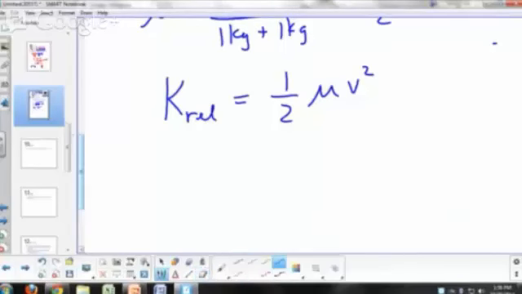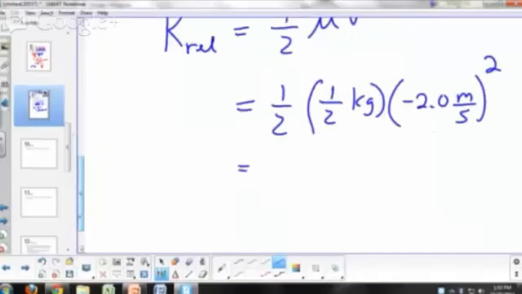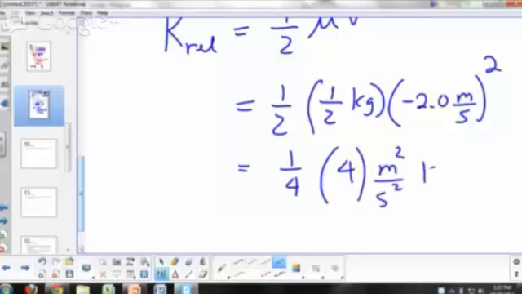1/2. Our reduced mass is 1/2 kilograms. Our relative speed is 2.0 meters per second, and the whole thing is squared. So that's 1/4 times 4 meters squared per second squared times kilogram.